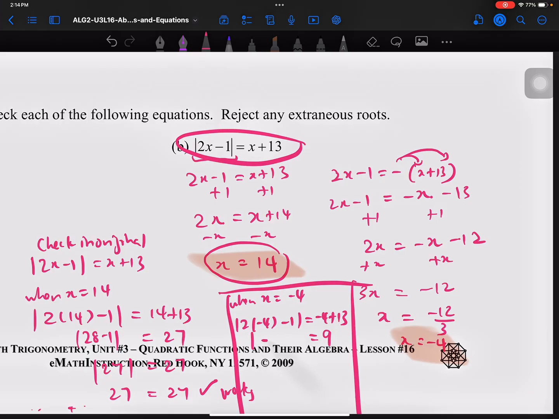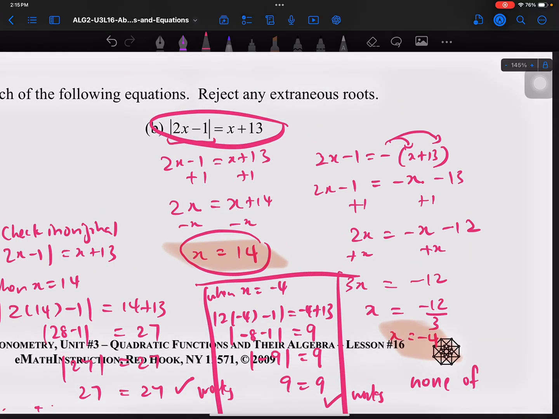Minus 8 minus 1 is minus 9, absolute equal 9. So we remove the absolute, it is positive. So yes, both work. So neither minus 4 nor 14 is extraneous. So both are accepted.